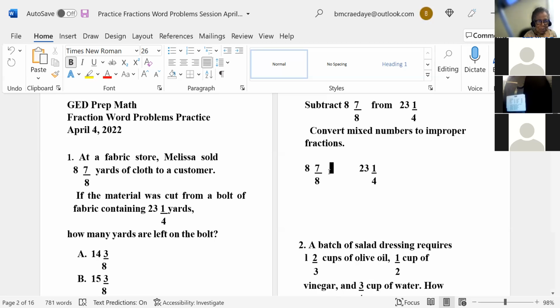Do you put the 8 at the top and the 7 at the bottom? No. You multiply the denominator by the whole number. You multiply 8 by 8, which is 64, and then add the numerator, 7.